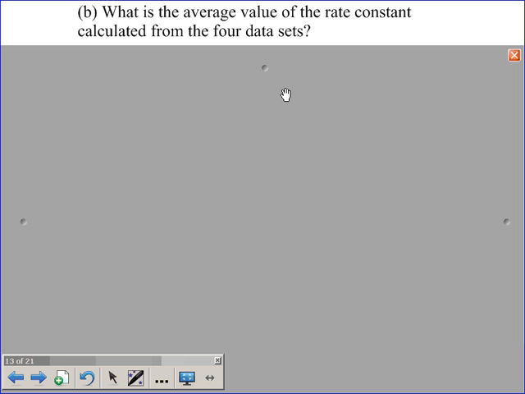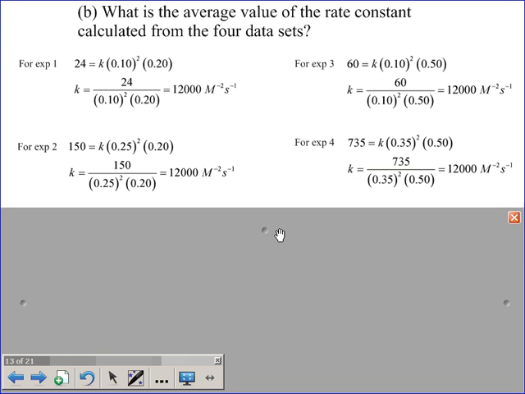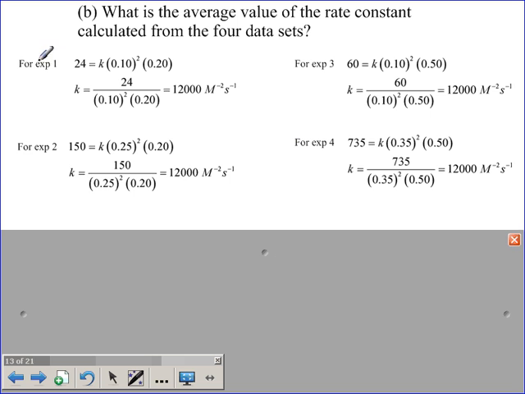Okay, then what's the average value of the rate constant from these 4 data sets? Since I know the rate law, I just have to substitute in for it. Very quickly, let me just show you, here's all 4 of them, where each one I just take the rate and the concentrations given to me in the table, plug them in, and you notice that I keep getting the same answer everywhere.